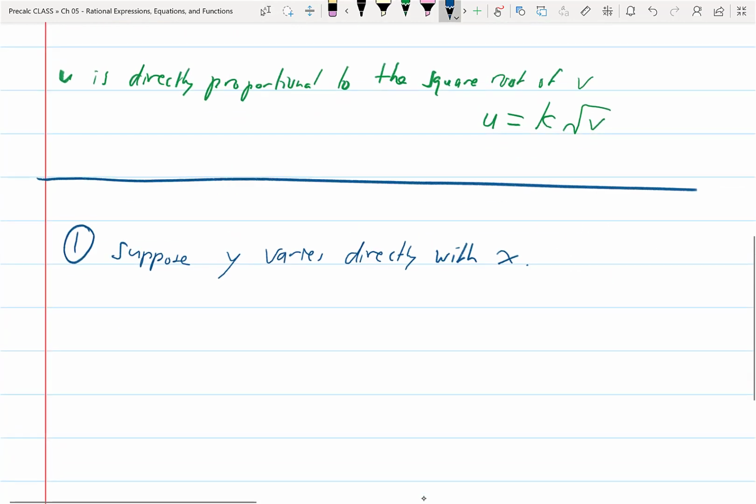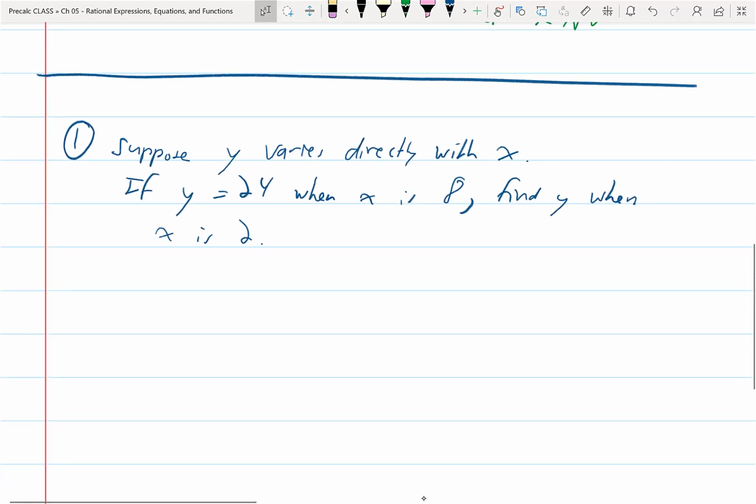Then the problem can state if y is 24 when x is 8, find y when x is 2. So you've got a few ways you can do this, but I want to look at the way that's going to be generalized to other types of variation instead of just varies directly.